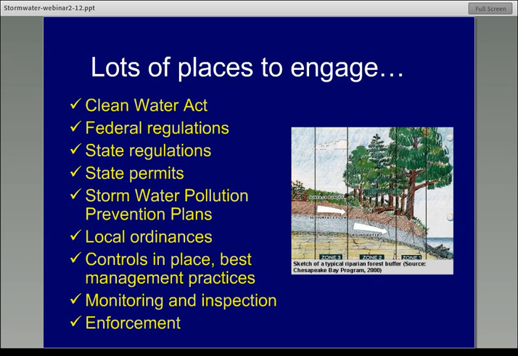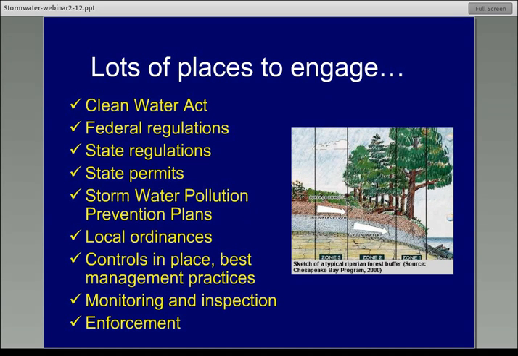So getting back to our list here, as you can see, the list starts with the federal requirements. Those federal requirements of the Clean Water Act are translated into regulations, and then at the state level, the state has laws and then regulations, and they translate them into permits. They are then translated into stormwater pollution prevention plans or stormwater management plans, which then sometimes have to be translated into local ordinances, and for those ordinances we have to look to see what controls come out of them.